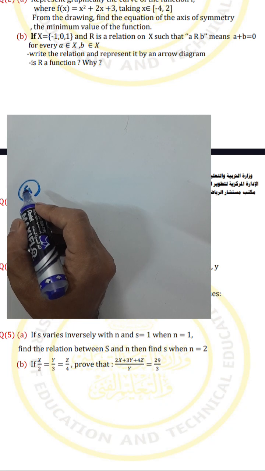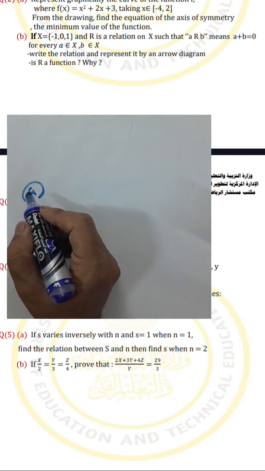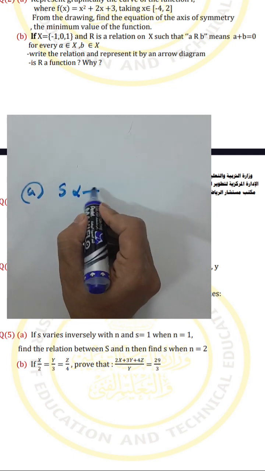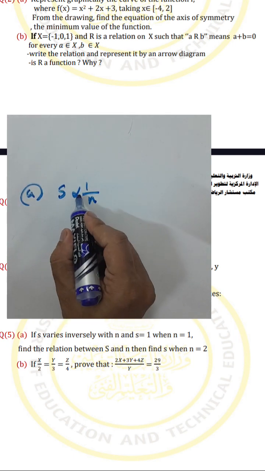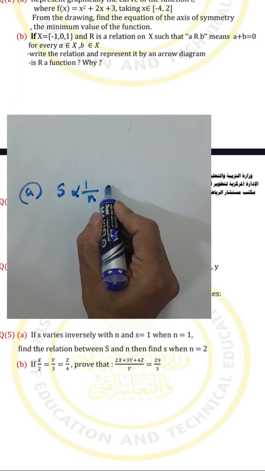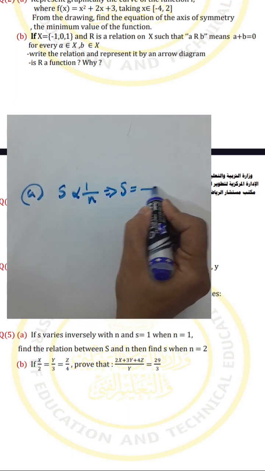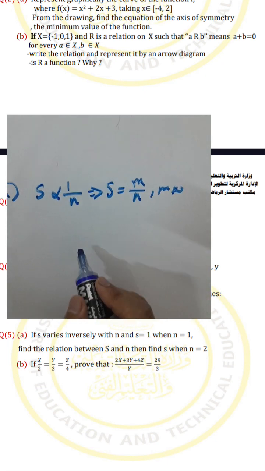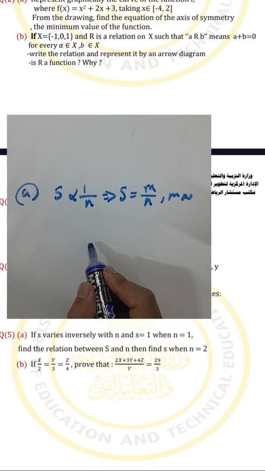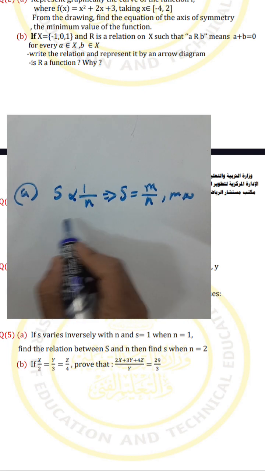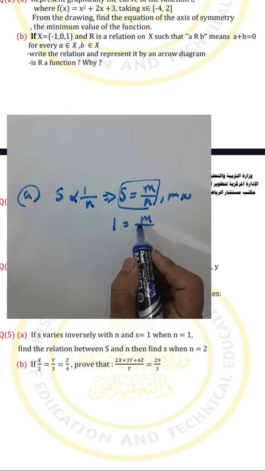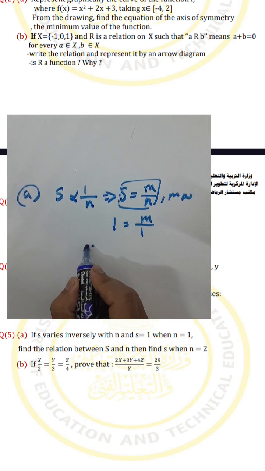Question number 5, letter A. If s varies inversely with n, it means s equals m over n when m not equal 0, it's a constant. And then put s equal 1 here, when n equals 1, then the constant m will be 1.